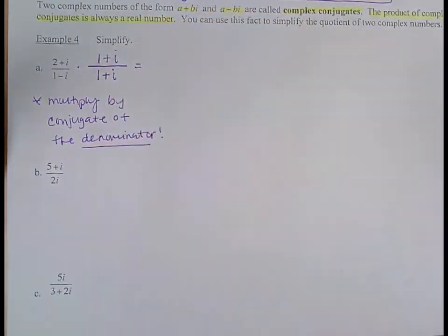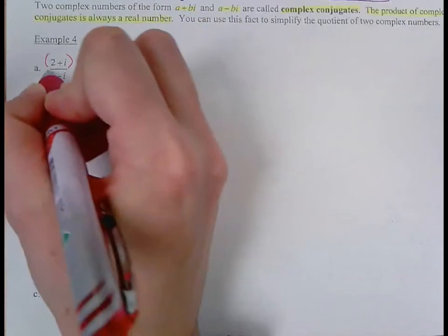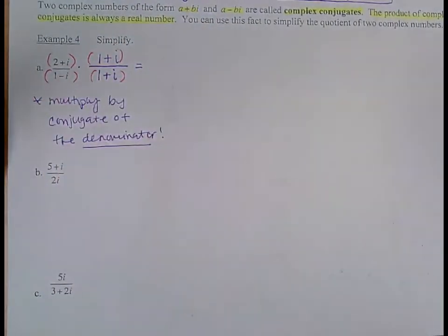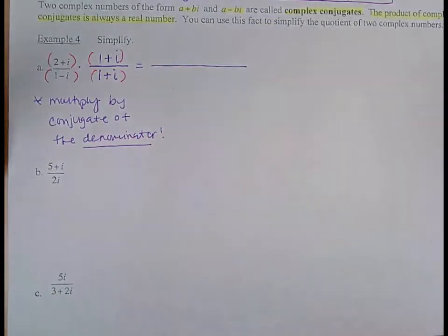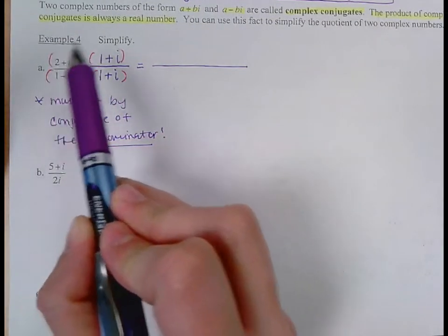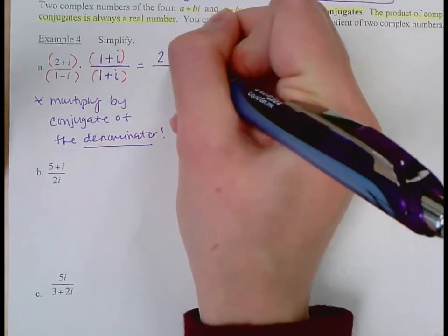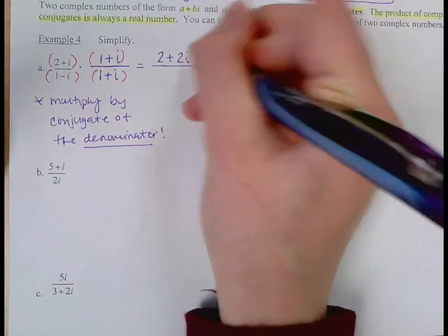So when I multiply across, and now you're using FOIL to multiply across for both the top and the bottom. All right, so on the top, if you FOIL, you'd have 2 times 1, that's 2, plus 2 times I is 2I.